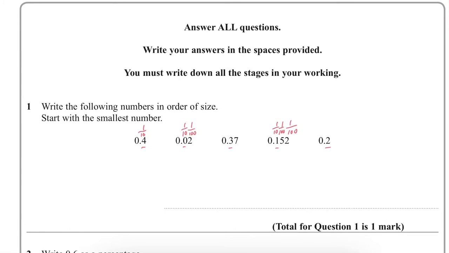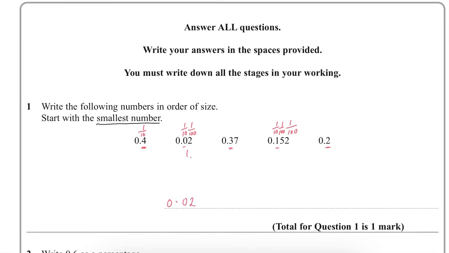So start with the smallest number, don't do it the opposite way round. Smallest number, so let's have a look. 0.4 is our biggest number, 0.3, 0.2, 0.1, and 0.0 here must be our smallest number, 0.02.